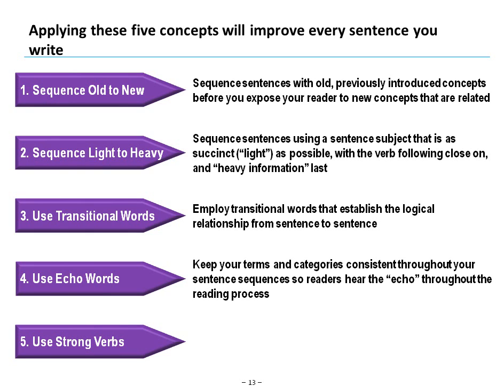Keep your terms and categories consistent with echo words, so readers hear that echo throughout the reading process. And finally, express your action in verbs, not nouns, and rely primarily on the active voice. If you follow these 5 principles, you will write clear, easy to read sentences no matter how complex the scientific information.